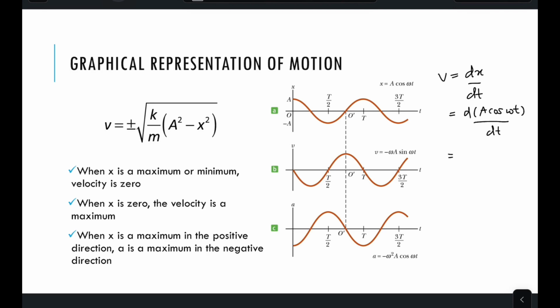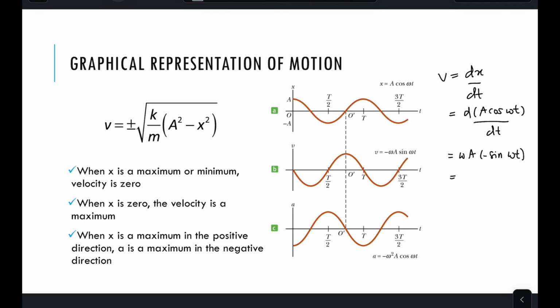Therefore A cos theta becomes negative sine theta. The theta is omega t. Then we differentiate the omega t with respect to t, and we are left with omega.